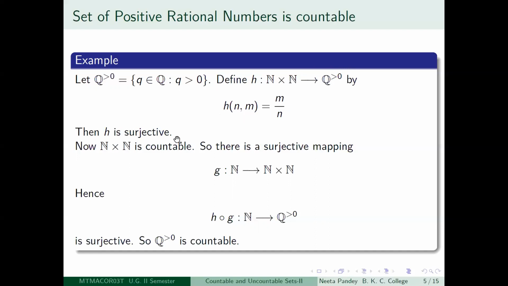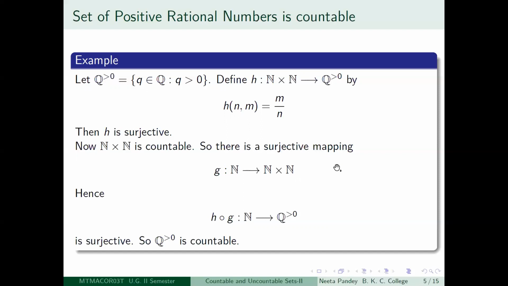So it is surjective. Again, since N cross N is a countably infinite set, recall in our previous lecture we had given the characterization that that means we will be able to get a surjective mapping from the set of positive integers to the set N cross N. What we are saying is that there is an existence of such a surjective mapping.